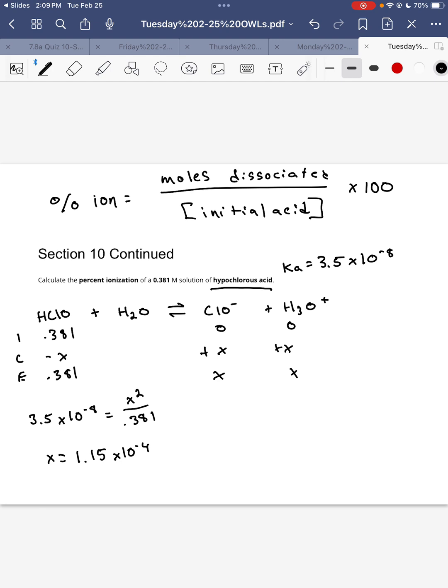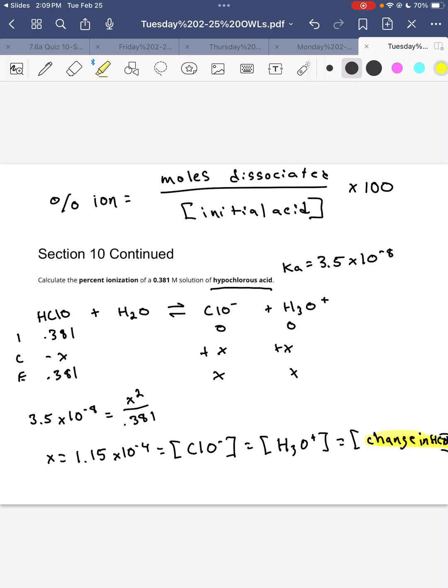Now, what is x really? X is my concentration of both of my conjugates, but it is also equal to the concentration change in HClO, hypochlorous acid. So now that I've done that, I can plug this value, my change, up here into my moles dissociated.